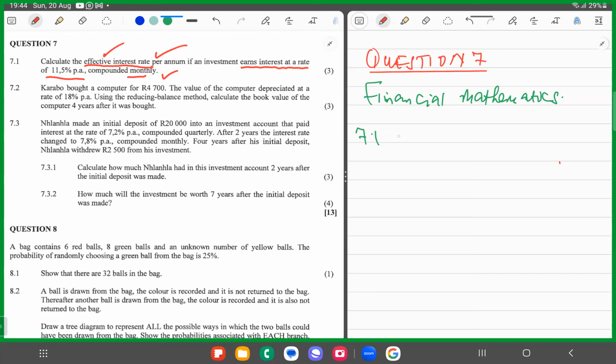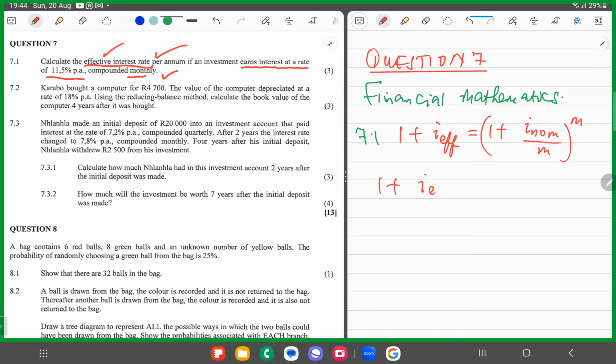So we need to know that 1 plus I effective is 1 plus I nominal, the nominal rate, divided by M, and you raise it to the power M.